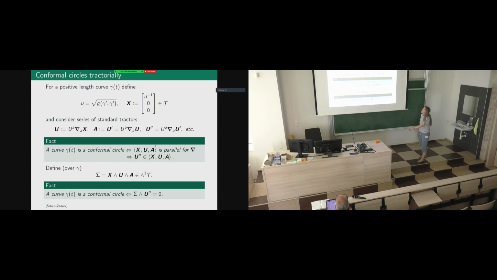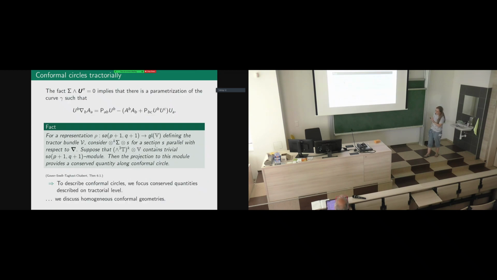It's a canonical three-tractor that belongs to the third wedge power of the standard tractor bundle, and with this we can equivalently say that the curve is a conformal circle if the wedge of this sigma with U with two bars vanishes. This fact implies that there is a parameterization of the curve such that the conformal circle equation is satisfied.